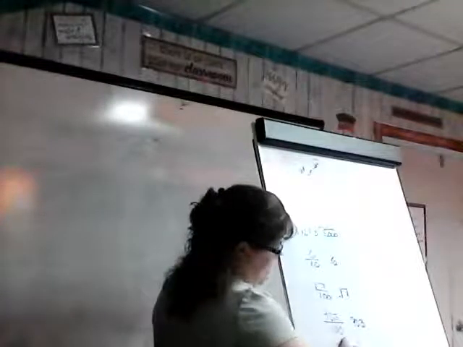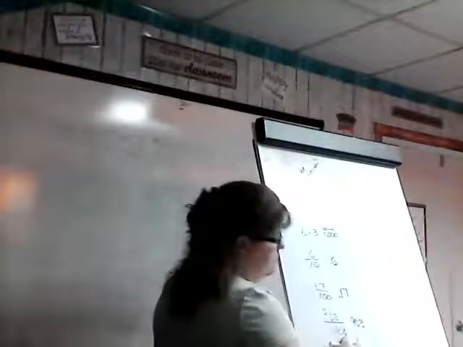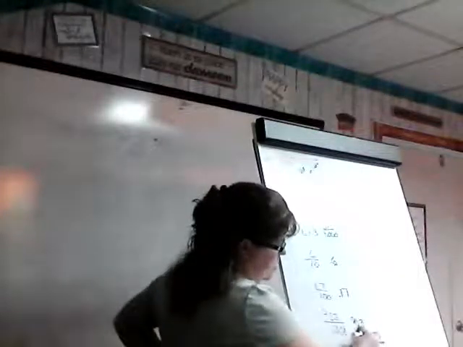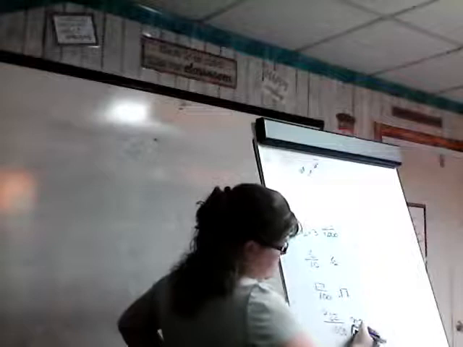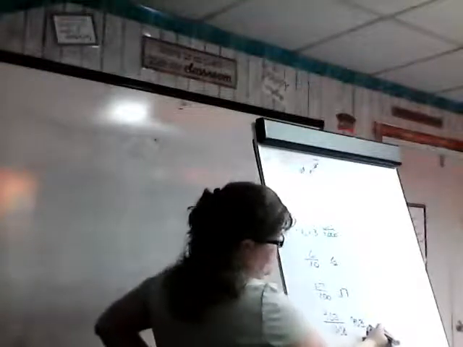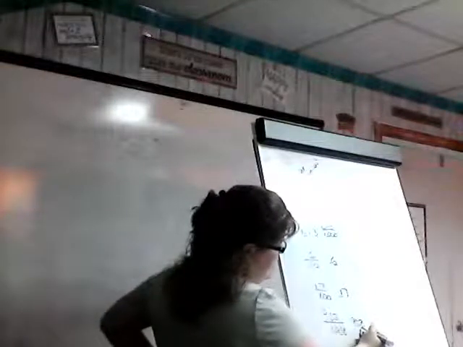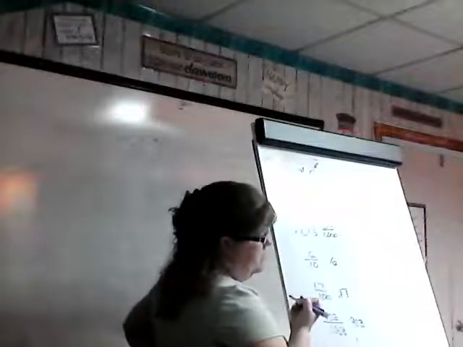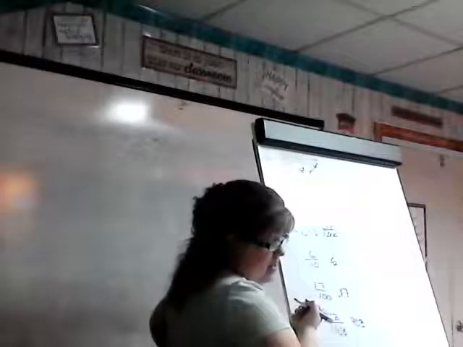How many zeros do I have? Oh, I'm missing a 0. 3. So I have 1 number, 2 numbers, 3 numbers. I put my decimal point. So start at the far right and count the number of zeros. That's how many times I move over before putting my decimal point. Any questions with that?